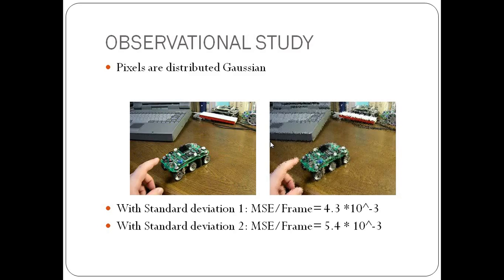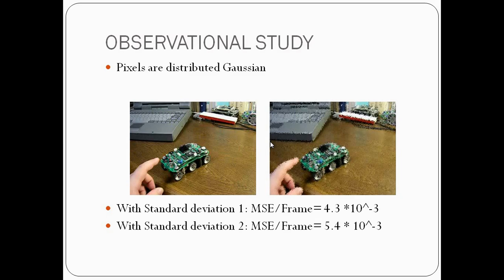With standard deviation 1, the mean square error per frame came out to be 4.3 times 10 to the power minus 3, and with standard deviation 2, it was 5.4 times 10 to the power minus 3, which is pretty low. As you can see, the object is nearly the same, with some amount of distortion due to the relocation of the pixels, and so we can say that the pixels are Gaussian distributed.